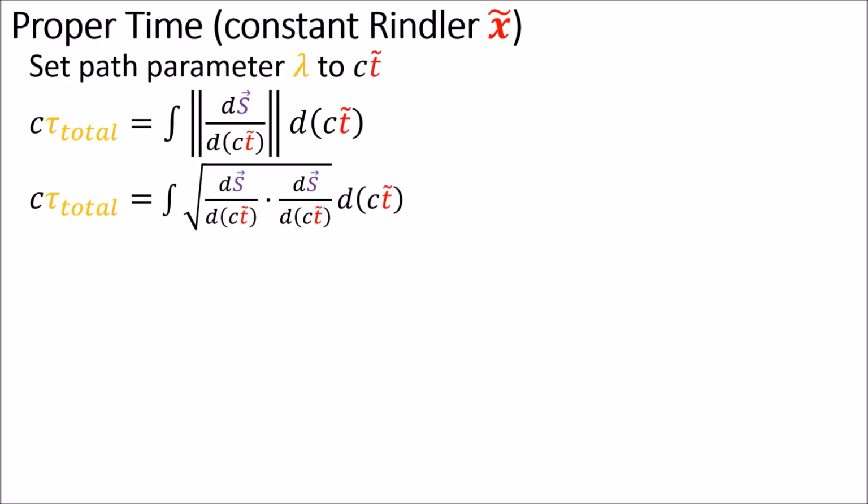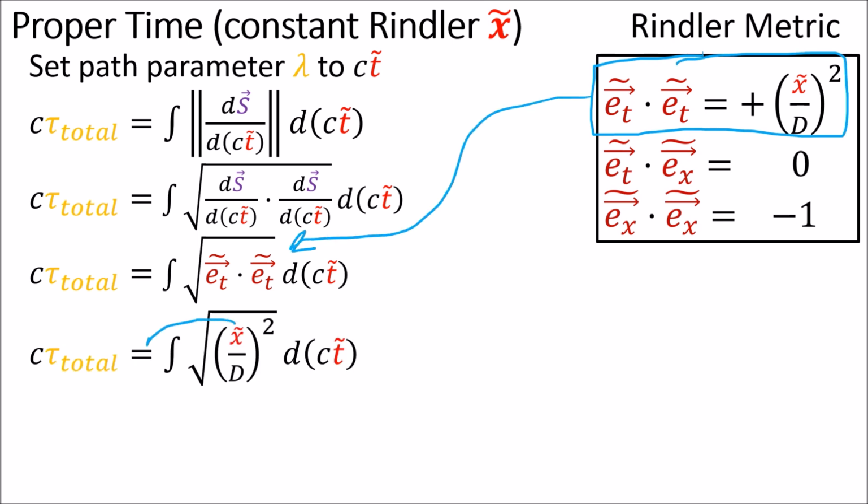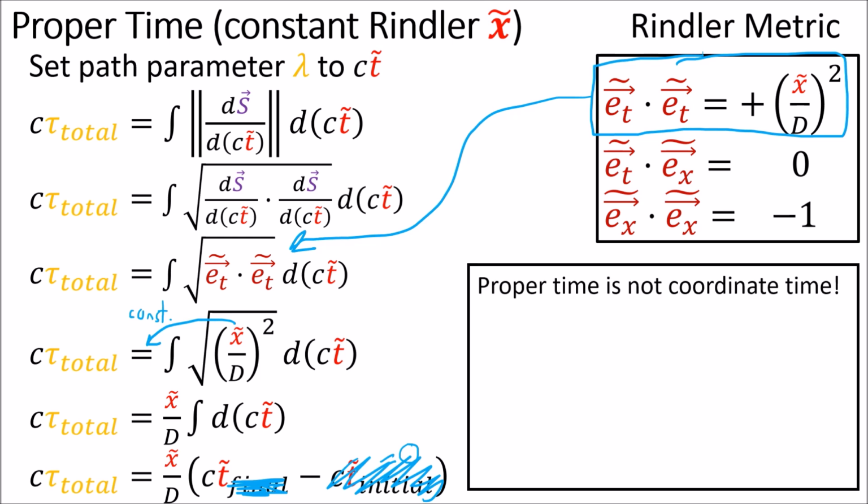If we compute this integral, remembering the Rindler metric and that the x tilde coordinate is constant, then we get that the proper time along a curve of constant x tilde is x tilde over d times the final time minus the initial time. If we assume that the starting time is 0, we just get x tilde over d times ct tilde. This formally proves what we assumed in Relativity 105 Part B.